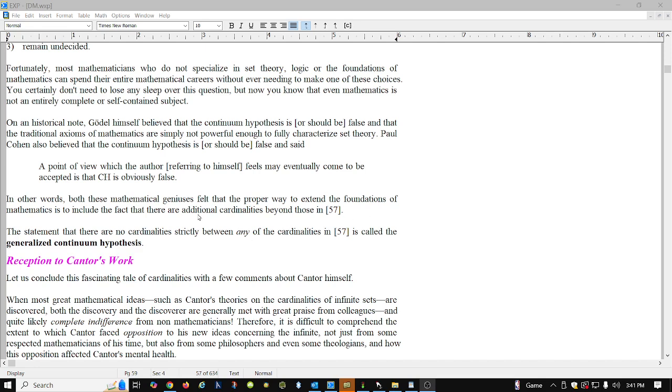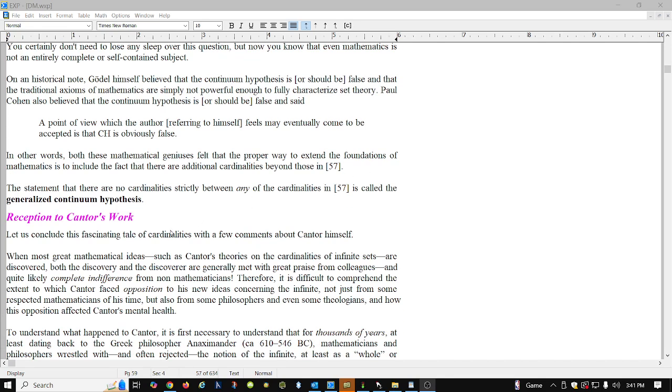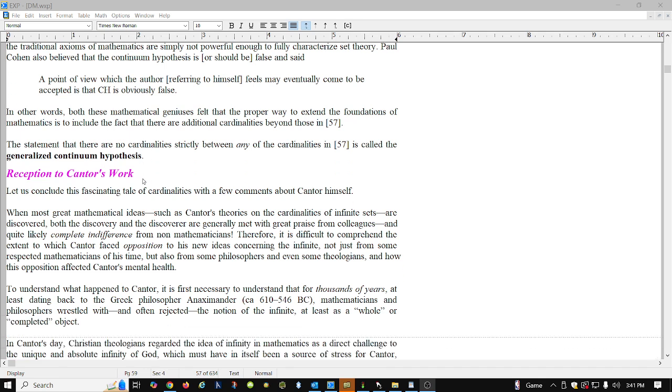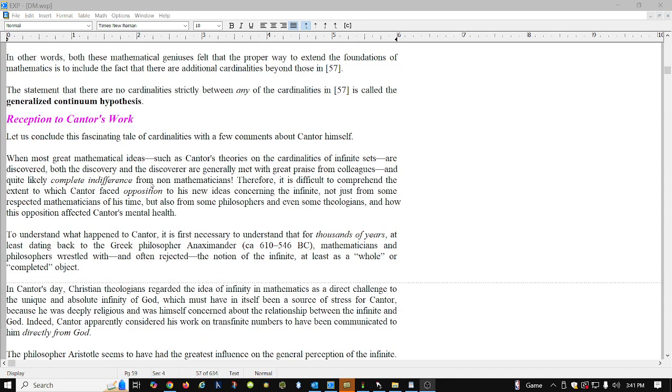So let me conclude this discussion of cardinalities with a few more comments about Cantor himself. I think that's quite interesting. If you're not interested, you can stop the video right now. When most great mathematical ideas, such as Cantor's theories on infinite cardinalities, are discovered, both the discovery and the discoverer are generally met with great praise from colleagues.